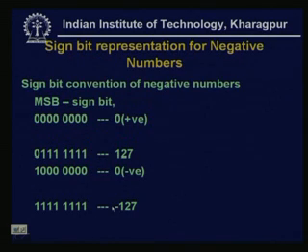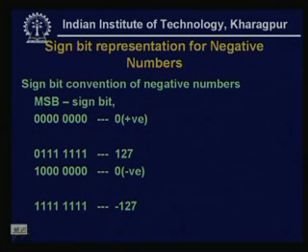Now, we see the negative number representation. We know the sign bit representation for negative numbers, because we are mainly discussing the subtractor, and in the subtractor we have represented subtraction as addition. So, addition of negative numbers. So, how can we represent negative numbers? That is a very important thing in this context.